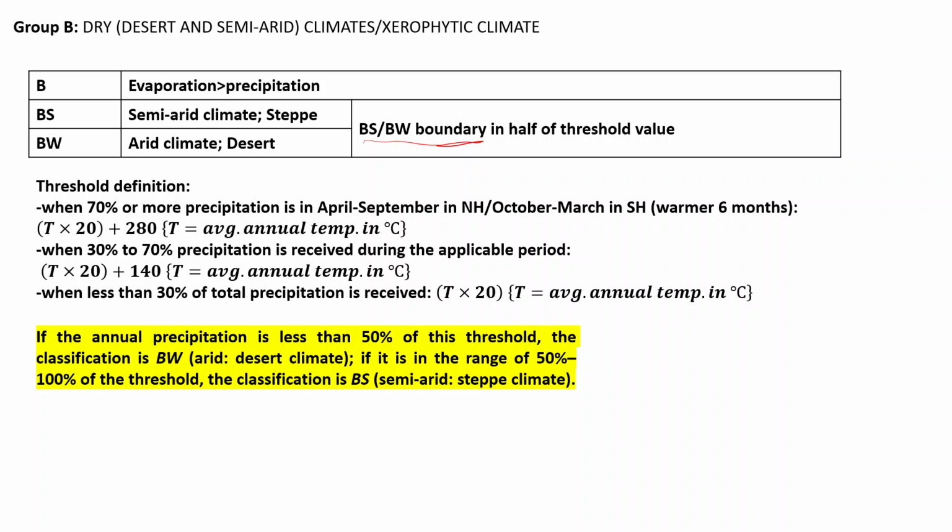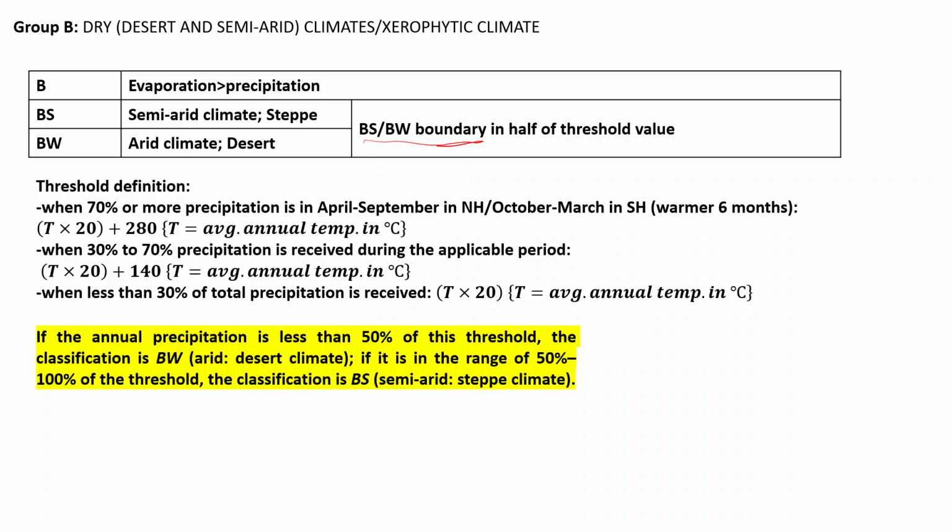Plus, the formula is a bit modified in my slide. It is given differently in the DS Lal book. So don't get confused. They call it the dry humid boundary; here it is called the threshold definition. So you can follow any of them. Just take care that once you take the precipitation in centimeters, you have to use RT plus 28, not 280. While in the case of millimeters, it becomes 280.